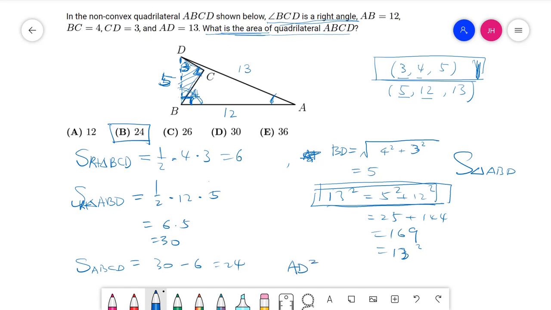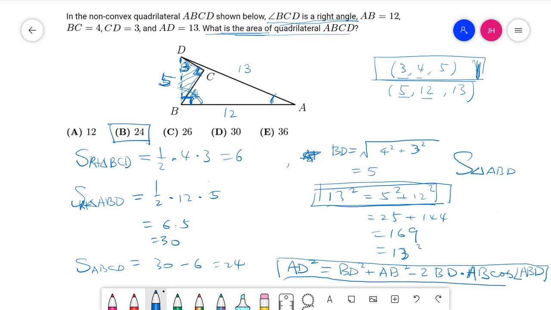In general, AD squared equals BD squared plus AB squared minus 2 times BD times AB times cosine of angle ABD. That's the general cosine law in any triangle with any angles, right?